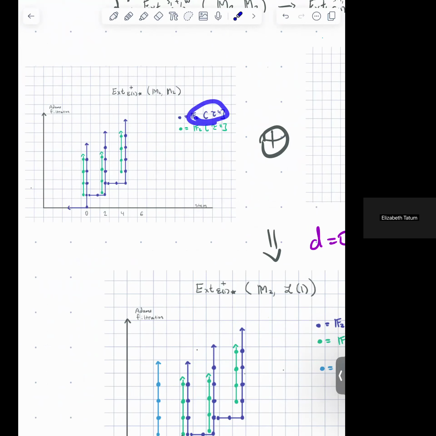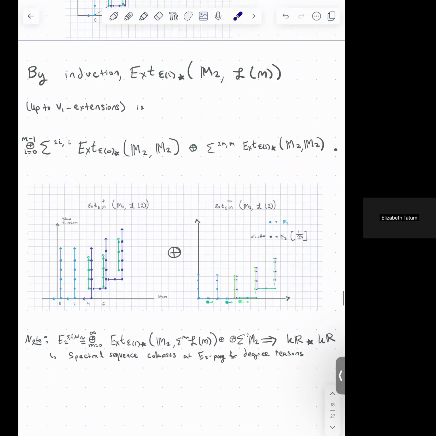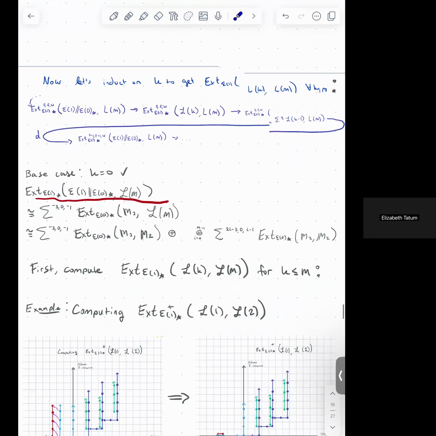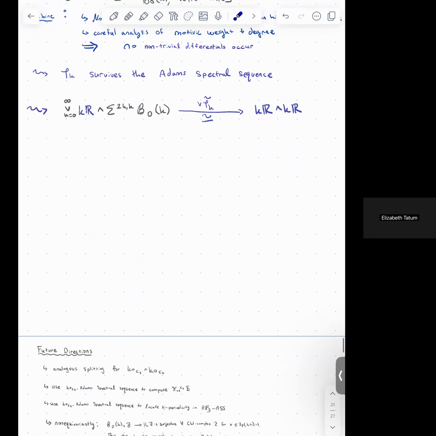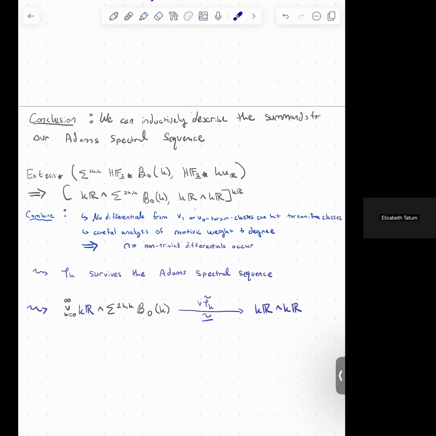Equivariantly, these are all tau to the fourth, tau squared towers that have different motivic weight and are coming out of the page. So anyway, the point is that you have to do some careful degree analysis, which is more complicated because we have motivic weight and topological degree. But the point is you can conclude that no non-trivial differentials occur. So indeed, these survive the atom spectral sequence, and you get the splitting that you're looking for. I'll stop there.